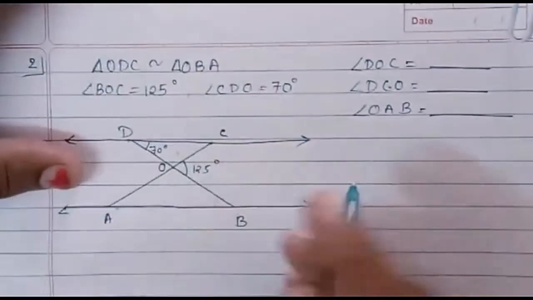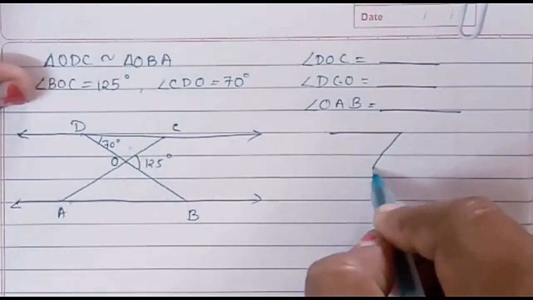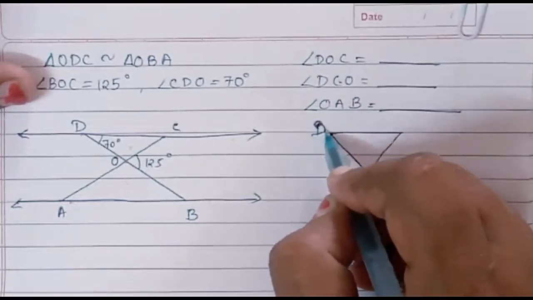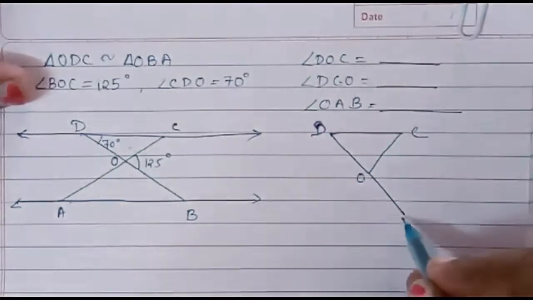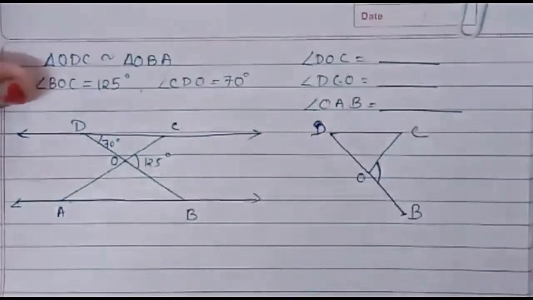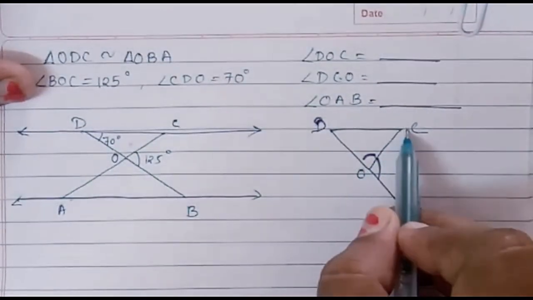Let me explain first of all by drawing one simple figure. Now if you consider triangle DOC, just D, O and C, and here you have a point B. So can I say BOC is the exterior angle of angle COD, or DOC? Yes.